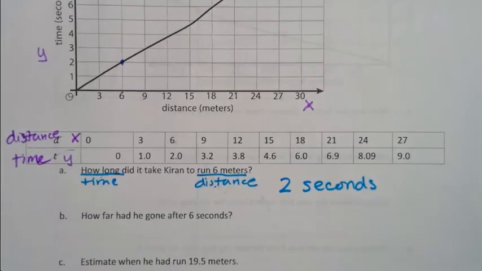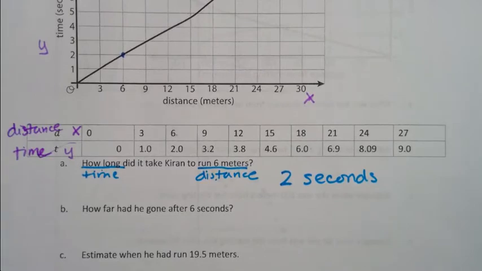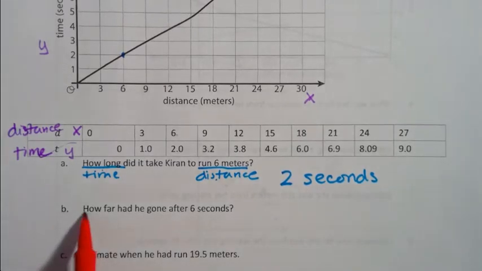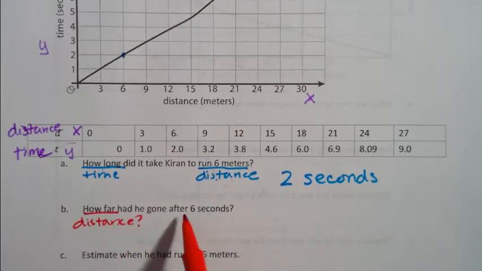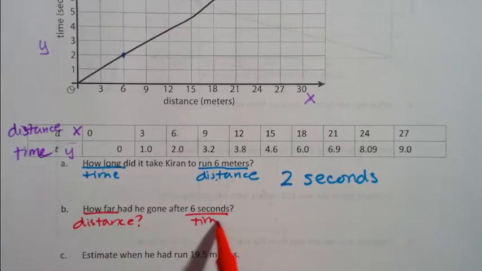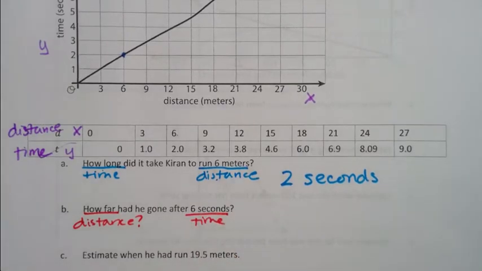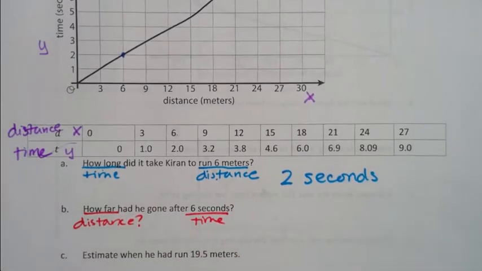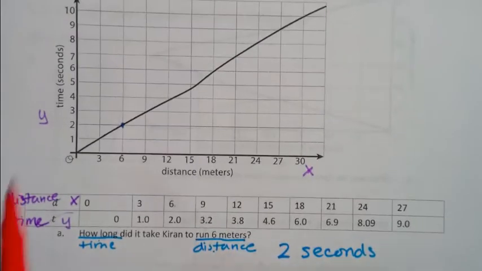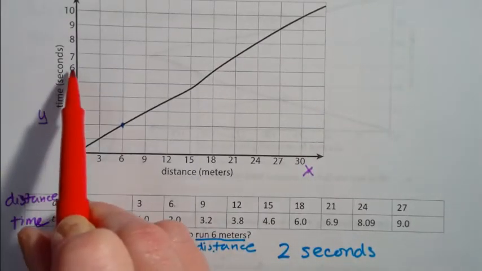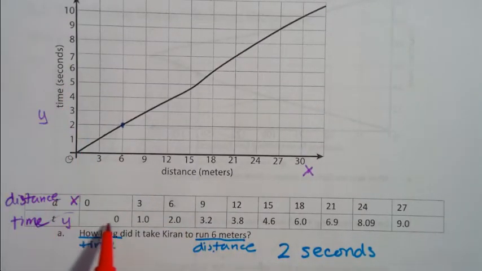Part B. How far had he gone after 6 seconds? Now we're looking for distance. We know that the time is 6 seconds. How far did he go? You could look at your graph at the time for 6 seconds, or you can look at the table when the time is 6 seconds.